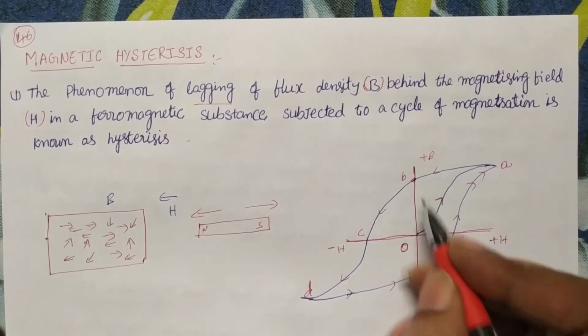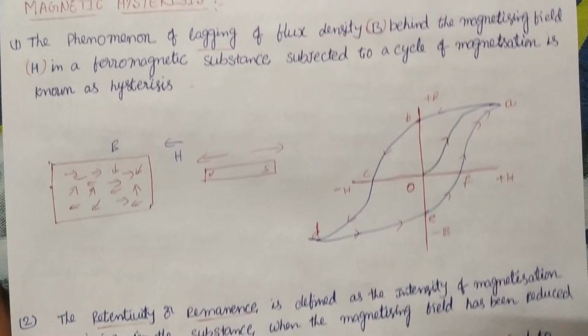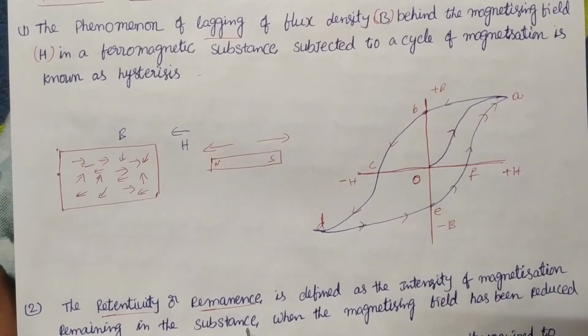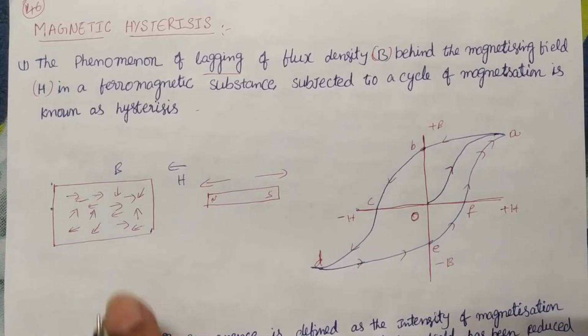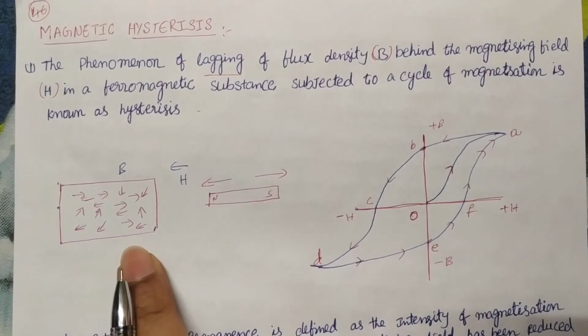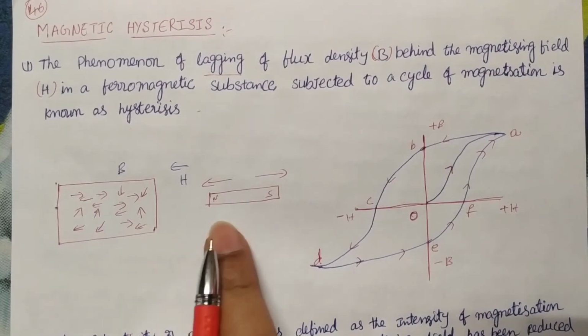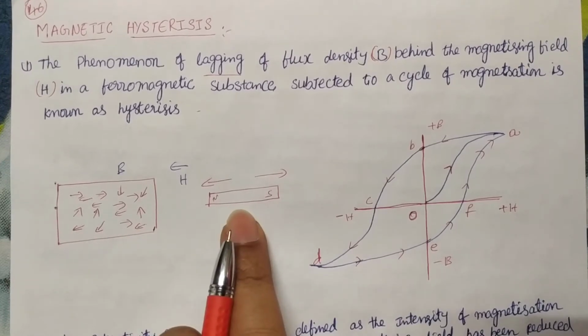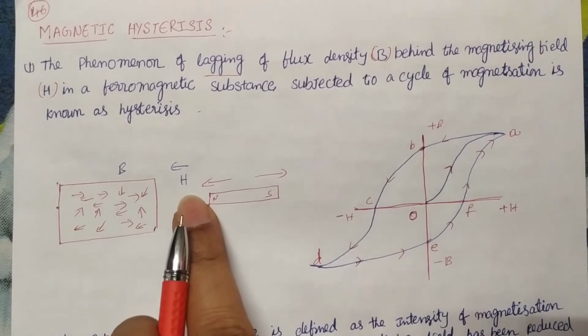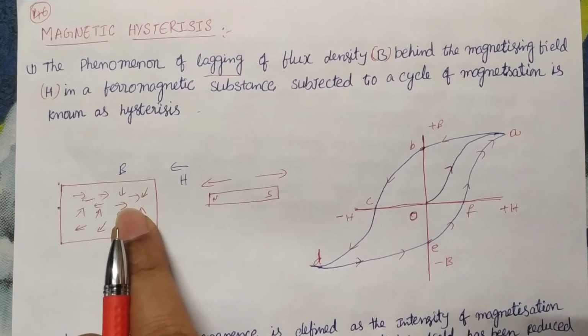This OB is what we call retentivity or remanence. So once the dipoles are aligned in a particular direction, they won't easily lose their alignment. Even when the external magnetic field H is removed, some B remains there.